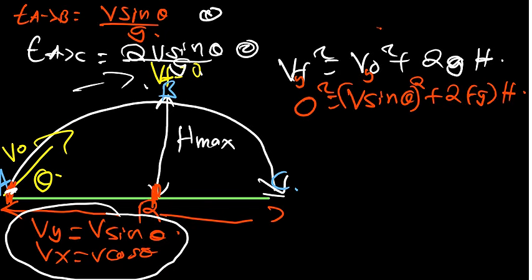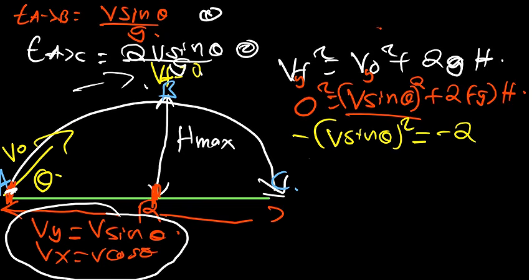I'll shift this to the left hand side. I'm going to have negative V sine theta, squared, equal to negative 2GH. We are going to divide both sides by negative 2G. Negative and negative will cancel.